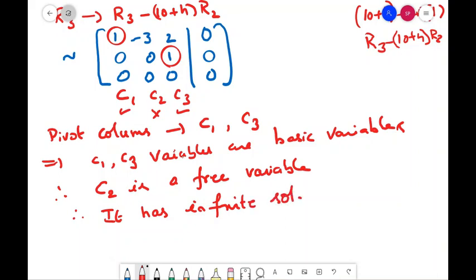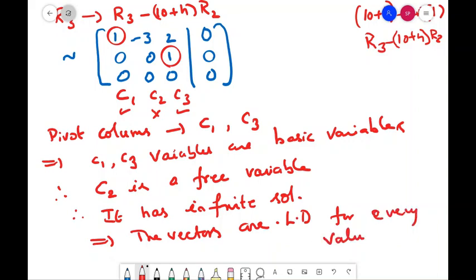Whenever it has infinite solutions, the vectors will be linearly dependent. This implies the vectors are LD. Irrespective of whatever the value of h, they are linearly dependent. The vectors are LD for every value of h, because they are not depending on h.